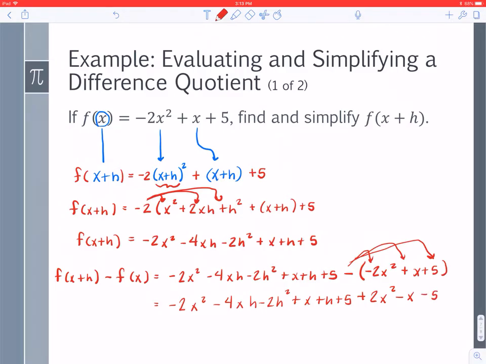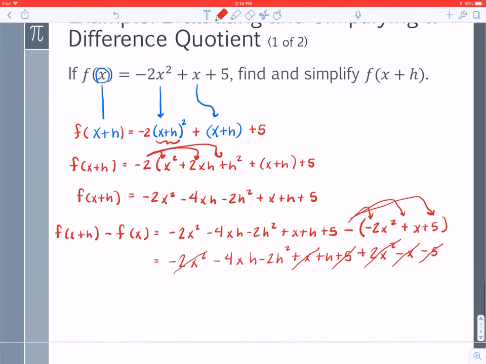All right, now, again, if I did this correctly, the x squared terms should add to 0. Well, I have negative 2x squared and 2x squared, those add to 0. I have a plus x and a minus x, they add to 0. I have a 5 and a minus 5, they add to 0.